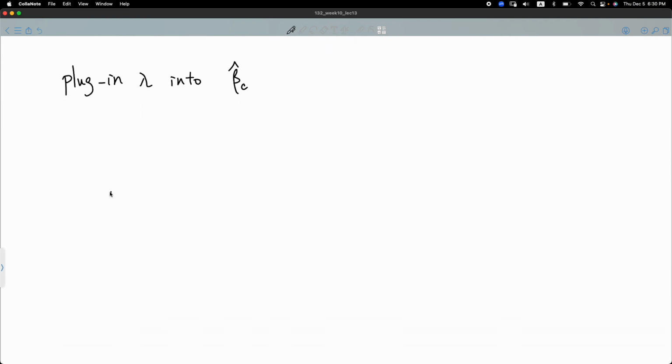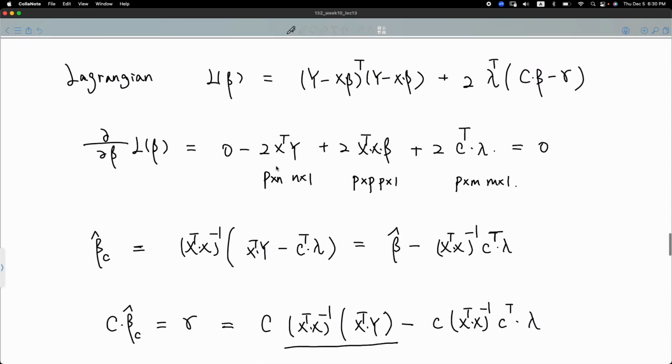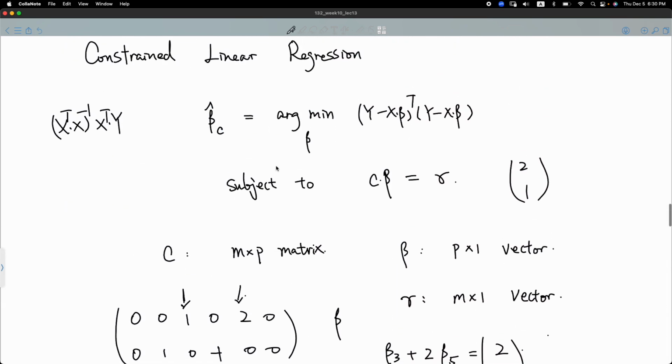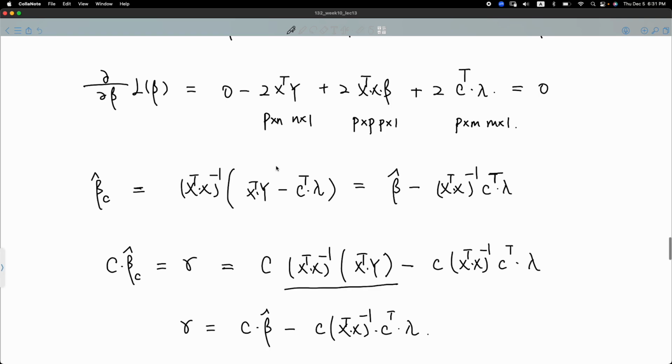Okay, so that means the beta hat c is equal to beta hat minus x transpose x inverse c transpose. Okay, that's here.